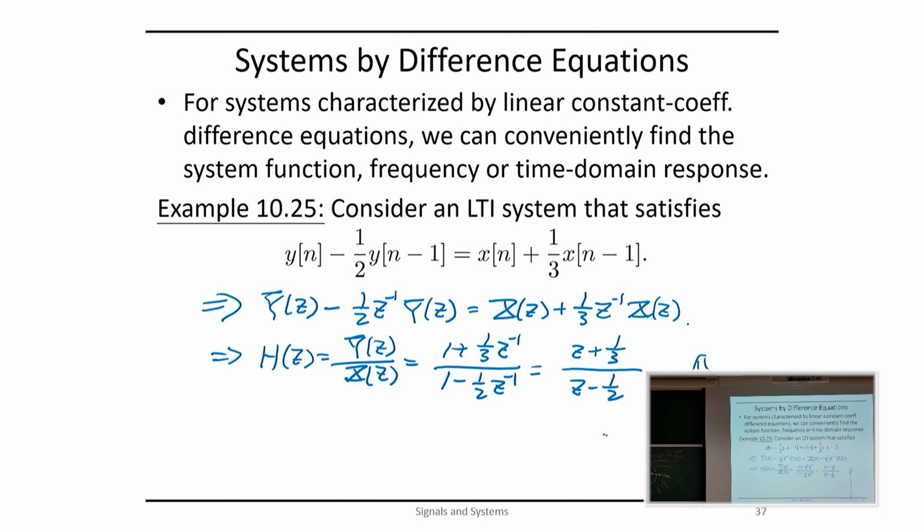If you plot this out, suppose that this is the unit circle, and this is 1. You have a pole at 1/2 and a zero at minus 1/3.